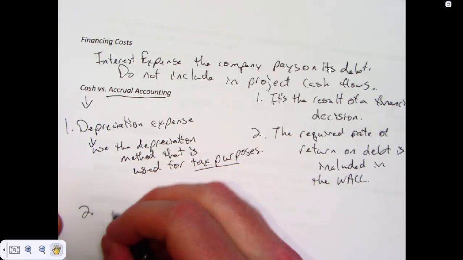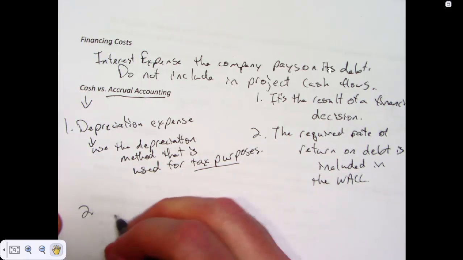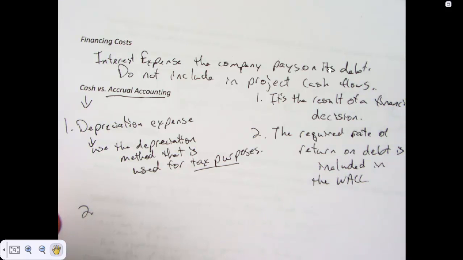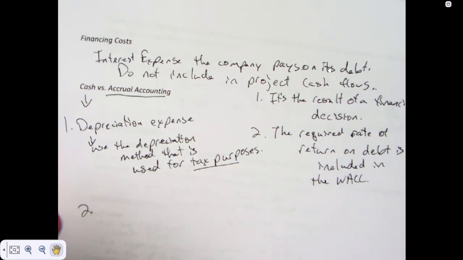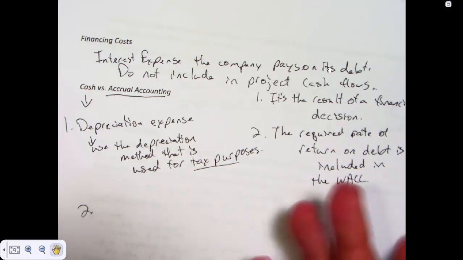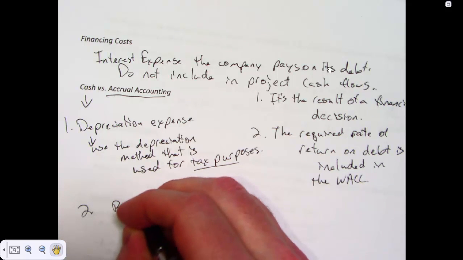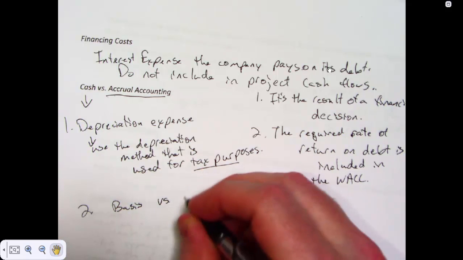We're not using accrual accounting, and we're not looking at the book value of the asset to determine taxes on the gain on the sale of the asset. If that doesn't make a lot of sense, it's okay. We're actually looking at the basis value. So I'm going to put on here basis versus book value.